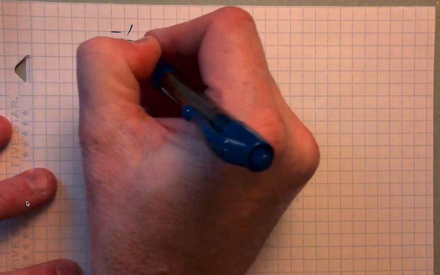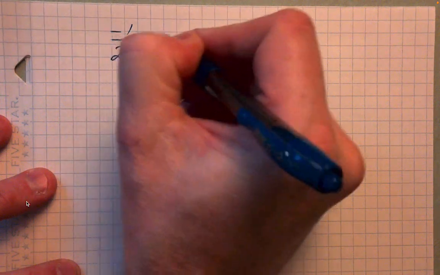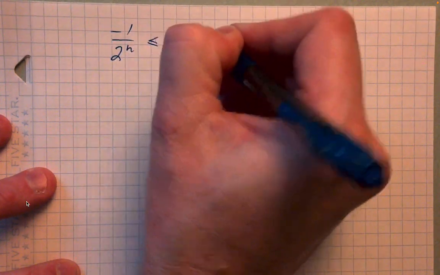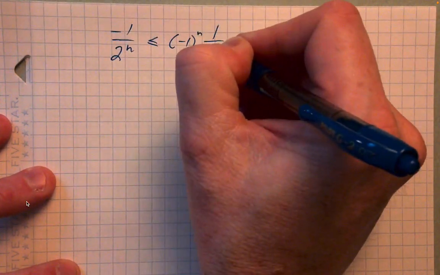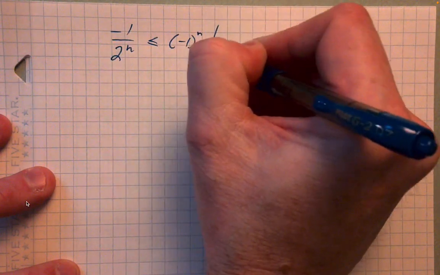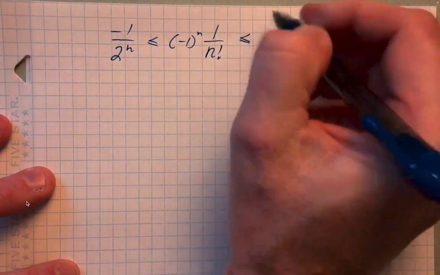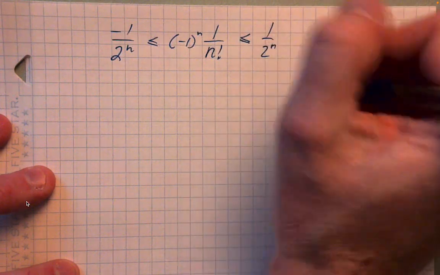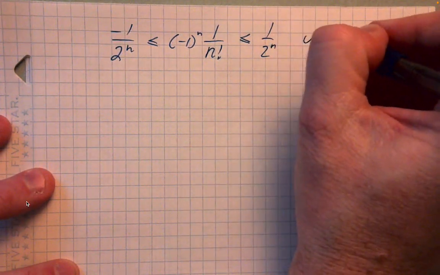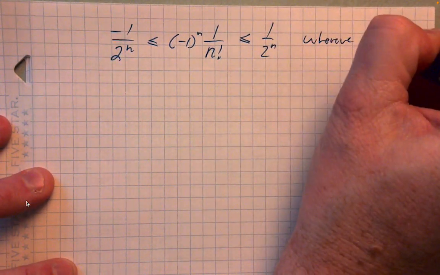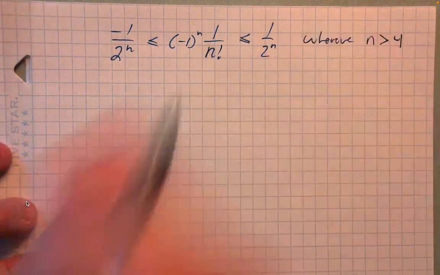But basically, what does this tell us? What we just saw was that negative 1 over 2 to the n is less than or equal to negative 1 to the nth power times 1 divided by n factorial, which is less than or equal to 1 over 2 to the n, whenever n is greater than 4.